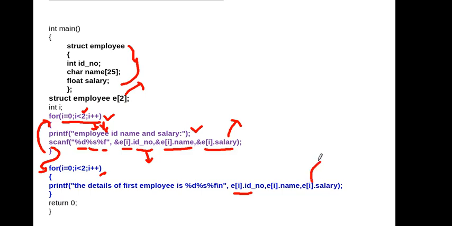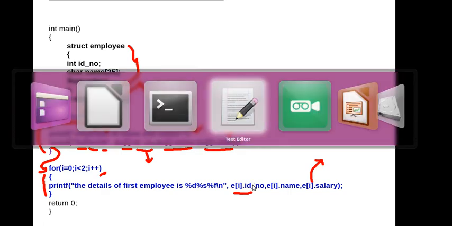So the first employee's information is displayed. Again it goes back to the for loop, I is incremented and becomes 1. The second time the loop is executed, the second employee's details will be displayed on the screen. So let us execute the program.